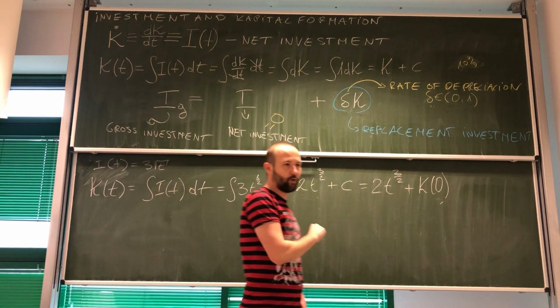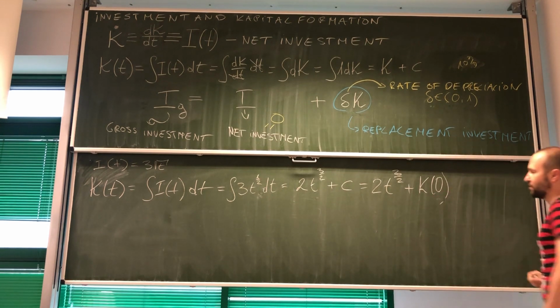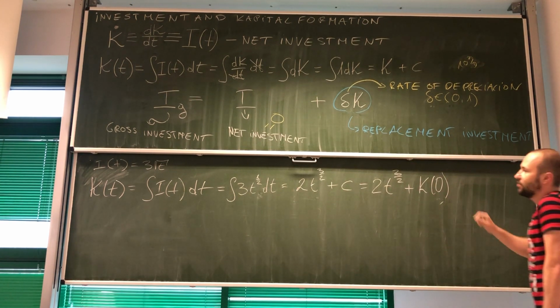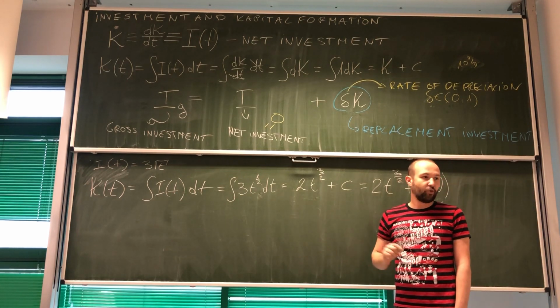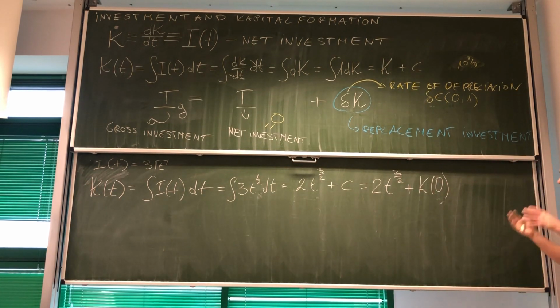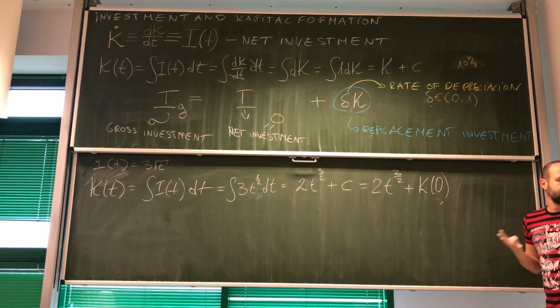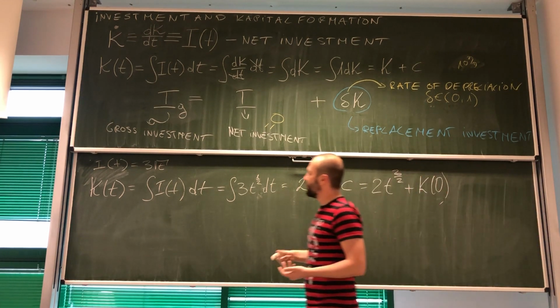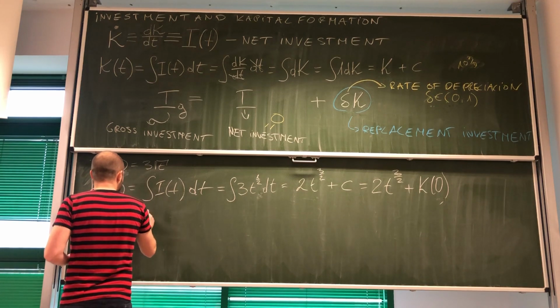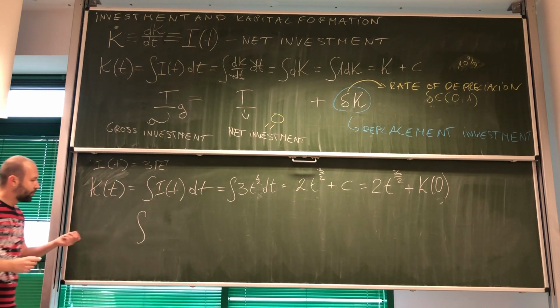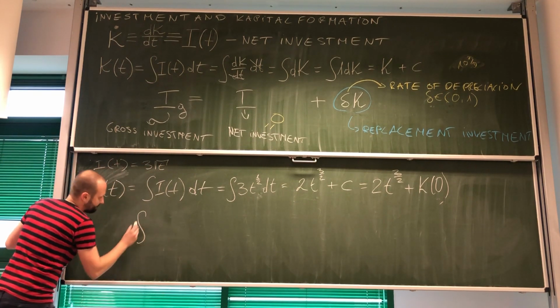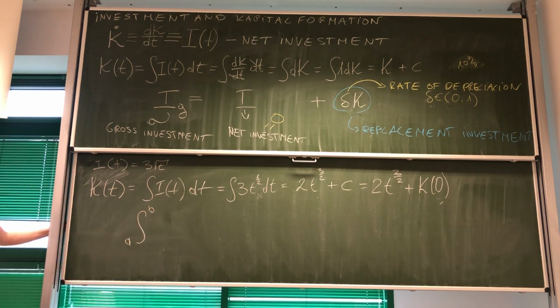But look, this is bringing us to another point. Maybe a better way of dealing with this problem would be if we use definite integrals, because with definite integrals we will be able to actually track the evolution of investment and then capital over some period of time. And look, this is also very straightforward. I have some 2 time points.